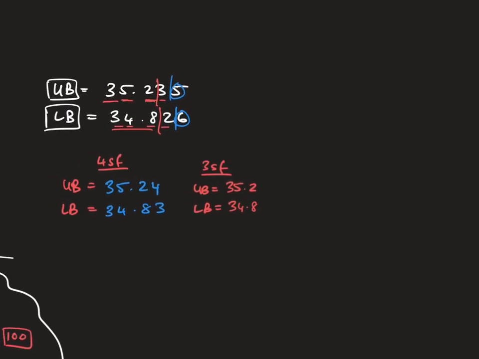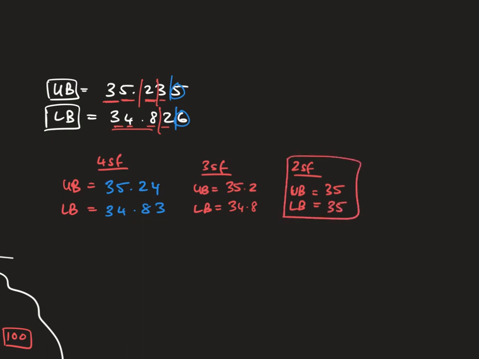So now, once we've done that, we try 2 significant figures, and here's our upper bound and our lower bound. That would be 35.2, which would be just 35, and 34.8 would round up to 35.